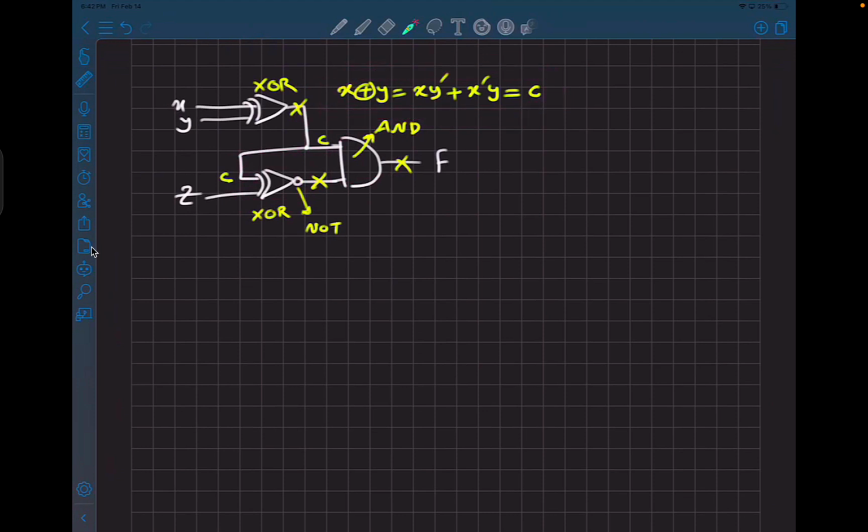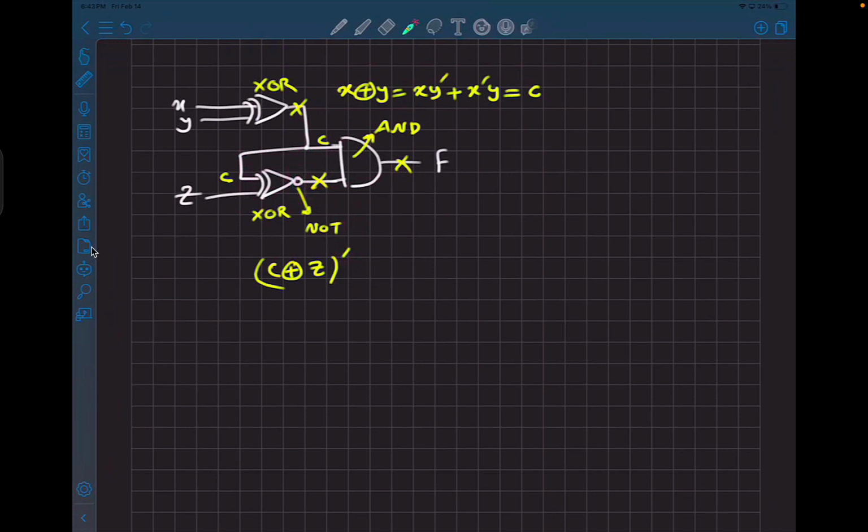Now, let's calculate the output at this location. So what is the output here? So based on what we see here, it is C XOR Z, not. This is the XOR, and because of this we have not.